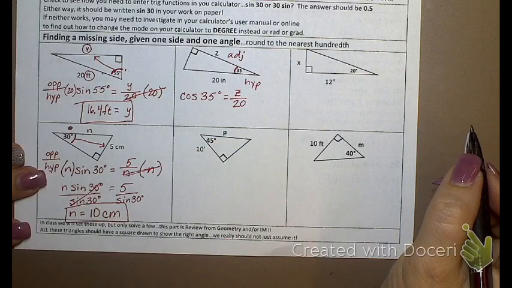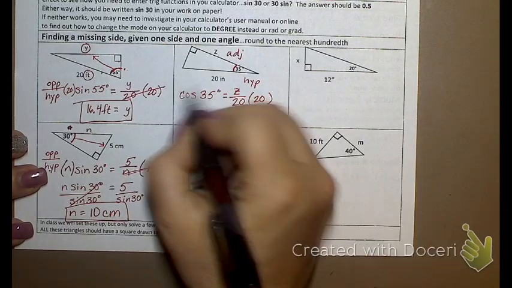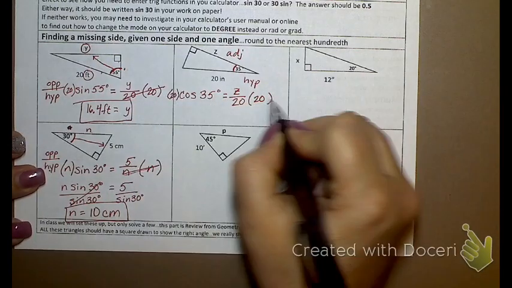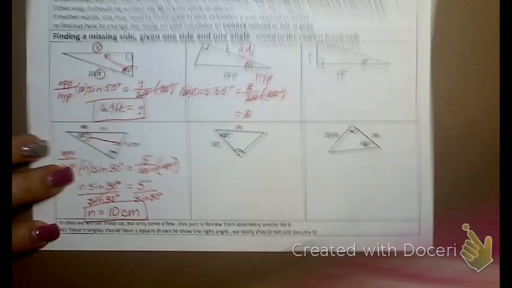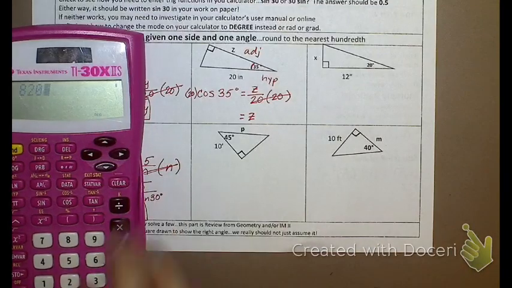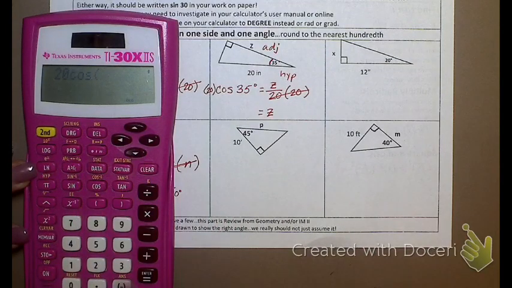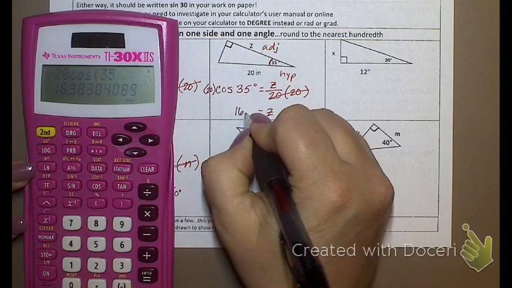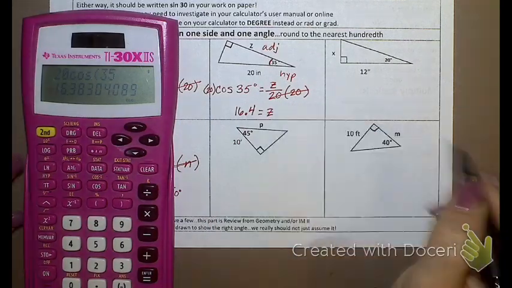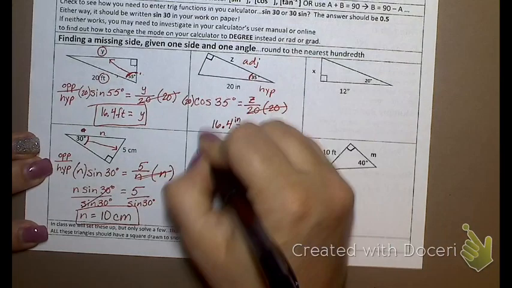What am I going to do to both sides? Multiply by 20. Always multiplying by that denominator. So Z is equal to 20 cosine 35, and I get 16.4 what? Inches. Didn't leave enough room there for that.